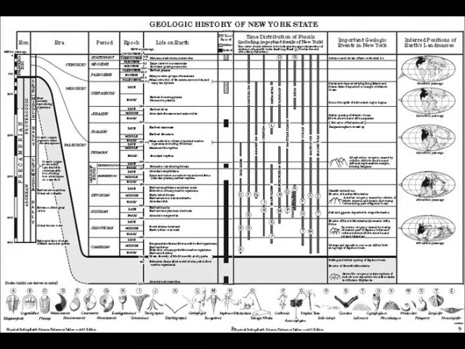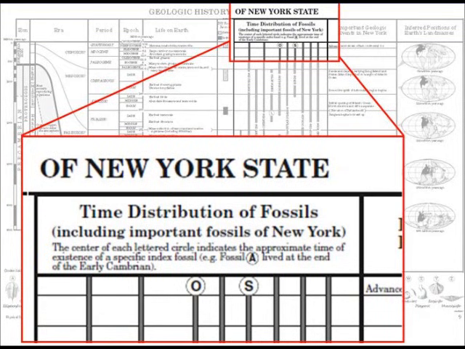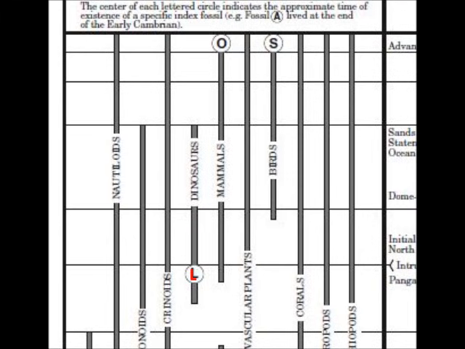The index fossils are found on pages 8 and 9 of your reference table, and you can see down here at the bottom there are all these lettered animals and plants and their fossils. And then if you look in this section here, it shows the time distribution of fossils. It would have a category of creatures, such as dinosaurs, and then it would have one type of dinosaur.